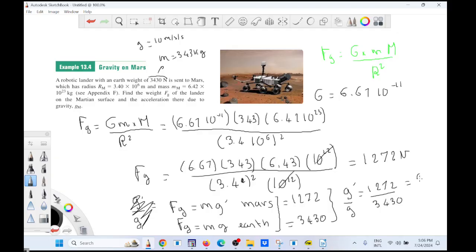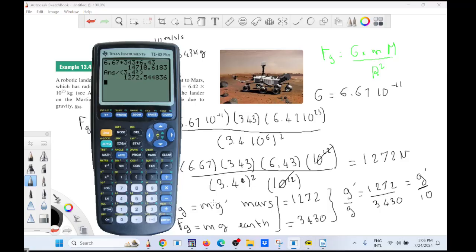That's going to equal G prime over, let's say it's about 10, divided by 3430. So 37%. So on Mars, you have 37% less weight than on Earth.